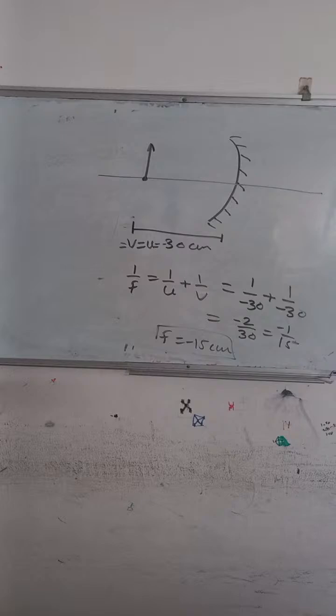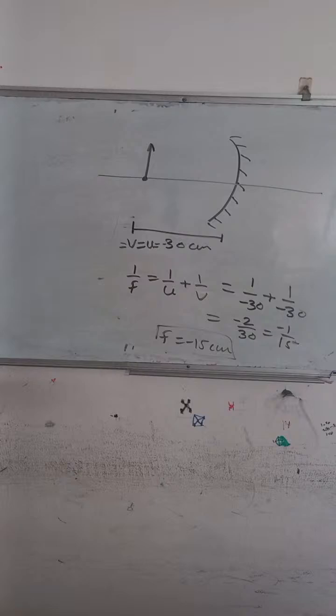First, write the type of mirror. Second, find the distance of the image from the object. Last bit, what is the focal length of the mirror?